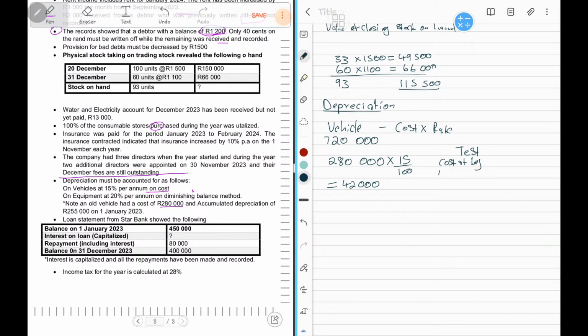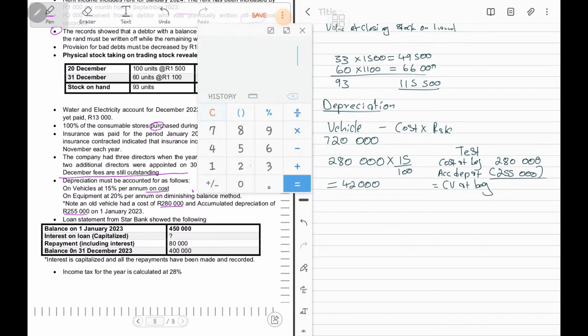Then we say accumulated depreciation at the beginning. We less this one. Then we're going to get carrying value at the beginning. So we're testing so that we can compare. So the cost is 280,000. Then the accumulated depreciation at the beginning is 255,000. Then to find the carrying value, we say 280,000 minus 255,000.